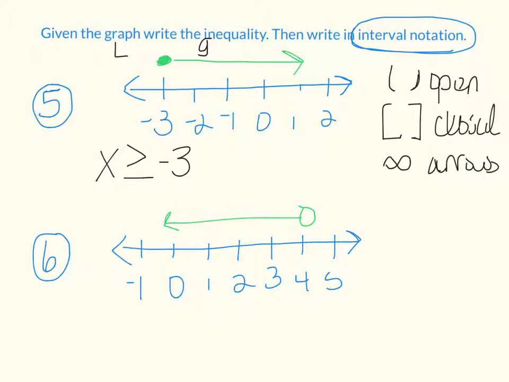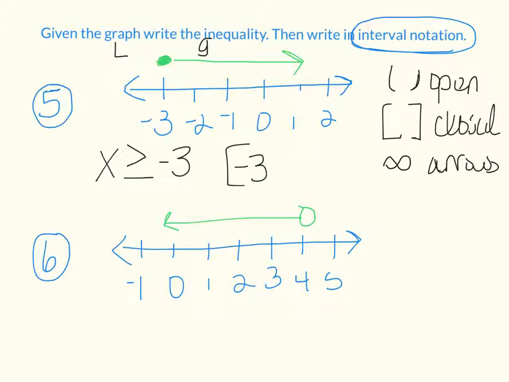All right, here we go on this one. We just follow it. We have the circle at -3 and it's closed, so I'm going to have a bracket and then -3. That tells me where the graph starts, just like the left side of this is going to match the left side of the graph. If we go left to right, the first thing we hit is -3, so that's going to be here.